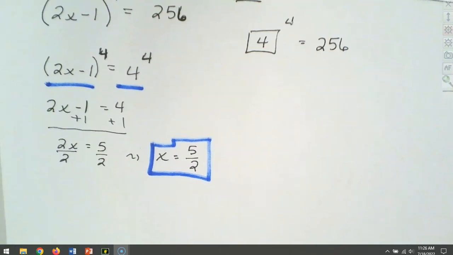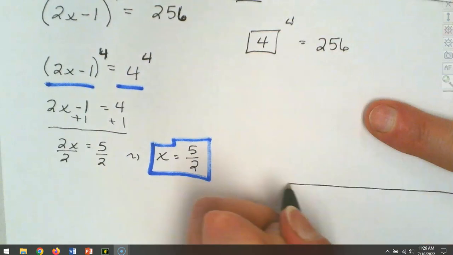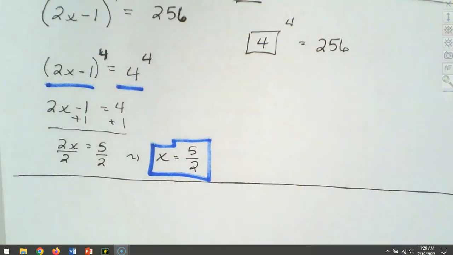Okay, let's now look at a fractional power. Okay, let me come up with a good one here.